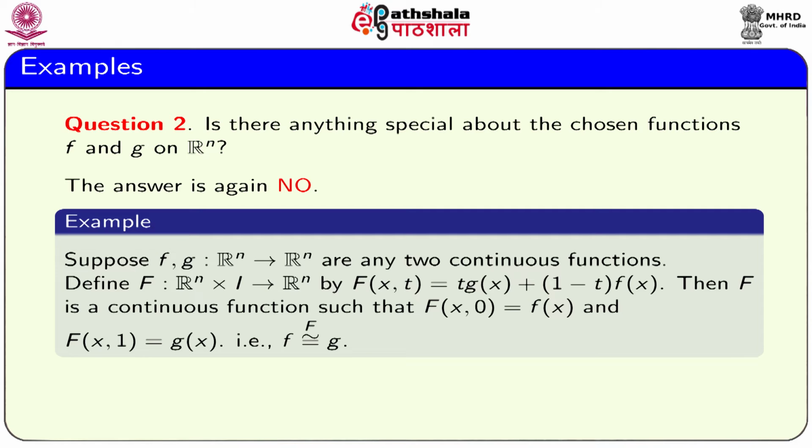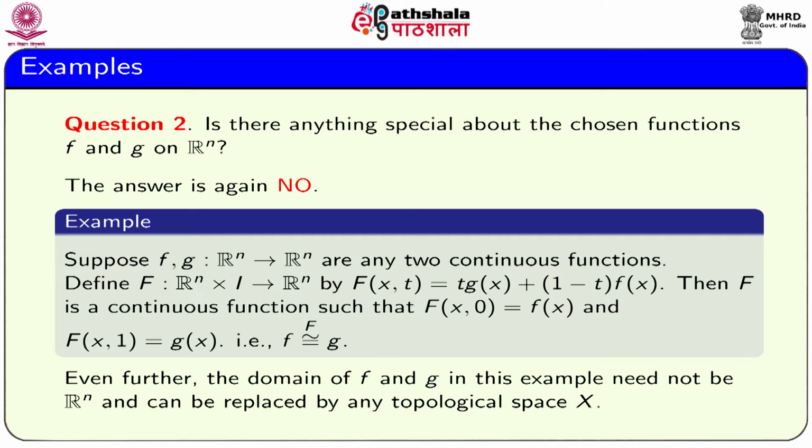In this case also, define a function capital F from Rn cross I to Rn given by F(x,t) is equal to t g(x) plus (1 minus t) into f(x), where x varies over Rn and t varies over I. In this case, capital F being a convex combination of f(x) and g(x), it is continuous, and F(x,0) equal to f(x), F(x,1) equal to g(x). So this capital F is a homotopy between f and g.